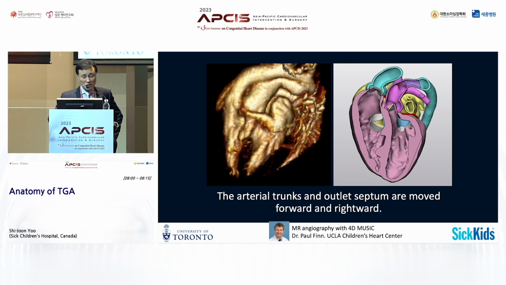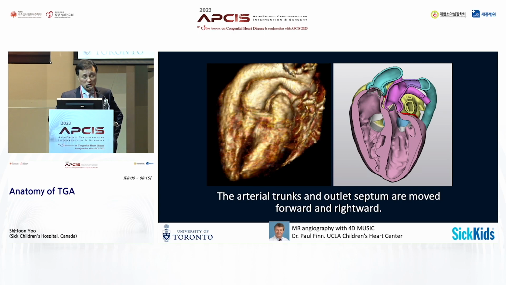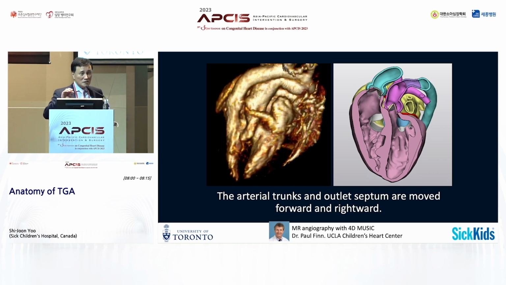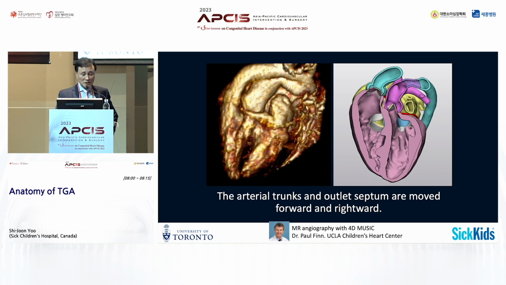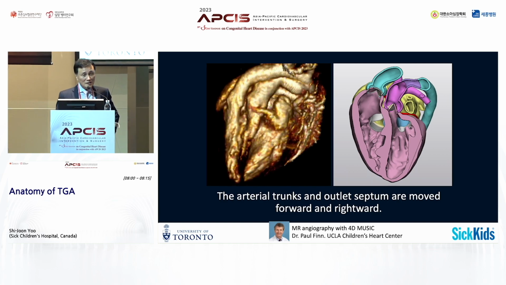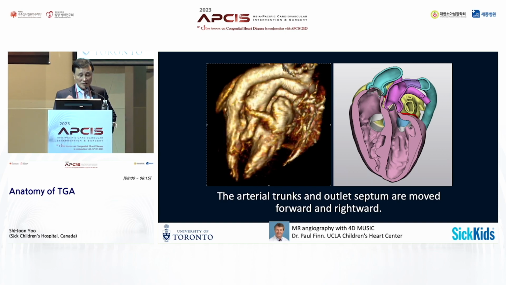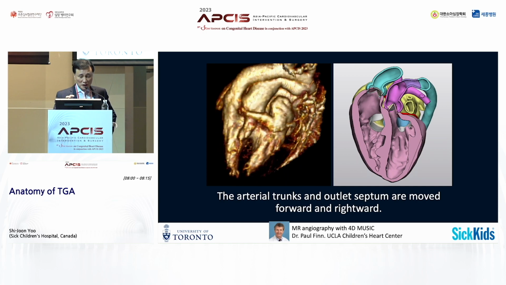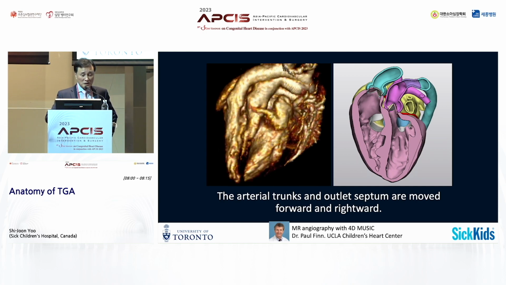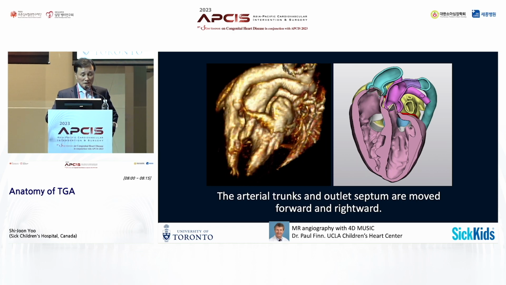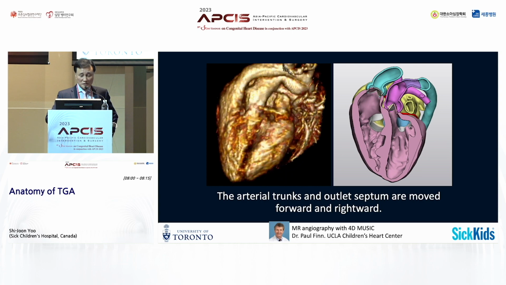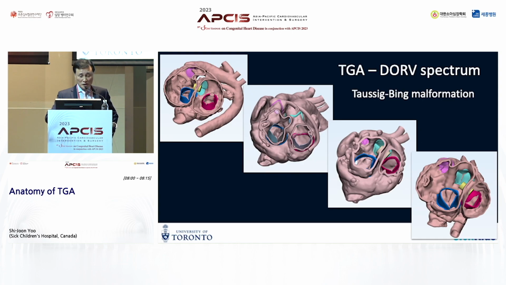It is double outlet right ventricle with the outlet septum deviated forward. If you look at this compared with uncomplicated TGA, what happened in this case is that the whole arterial trunk and outlet septum as a unit are moved forward and rightward. That is how you have pulmonary valve overriding, and the outlet septum becomes an exclusively right ventricular structure. So that is one way.